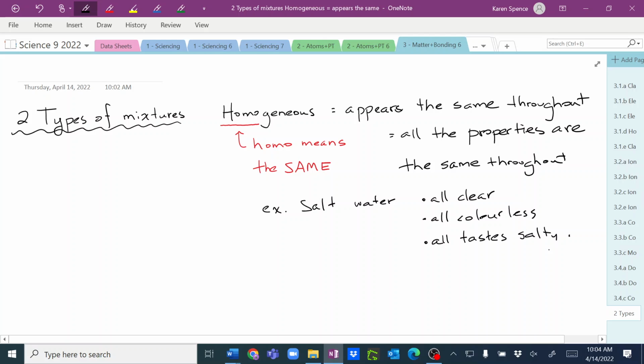There's no differences. So that's from homo, which means the same.